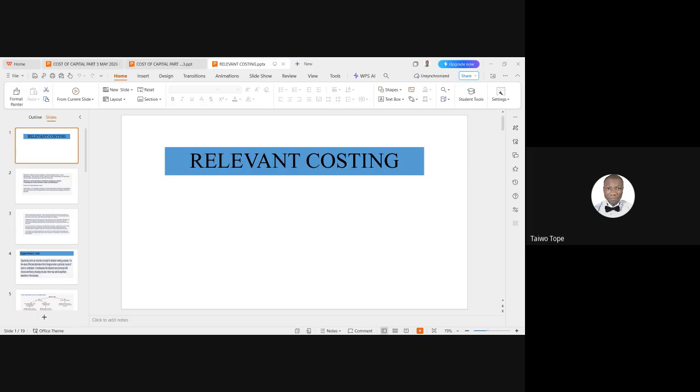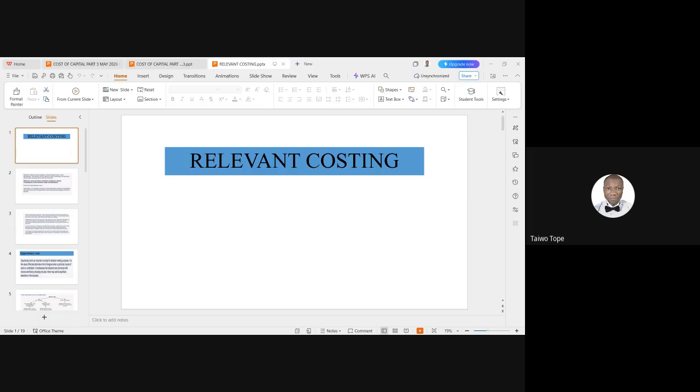But as far as the future is concerned, if you want to compute the relevant cost to writing the May Diet 2026 ICAN exam, the relevant costs associated with it are: one, your subscription; two, the payment for exams; three, maybe the cost of tutorials, the cost of data, and the rest. These are the relevant costs associated with May 2026 diet exams.